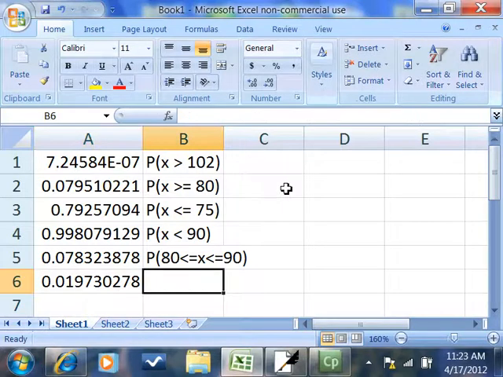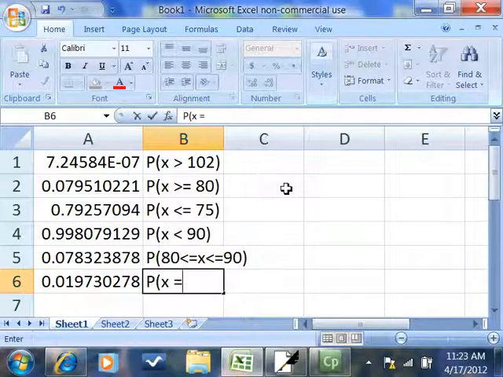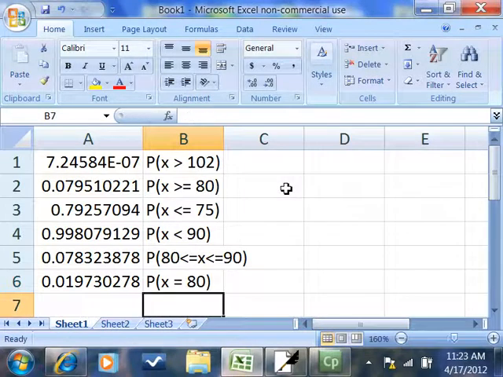And this is the probability of exactly 80. And those would be all our different cases you could run across when working normal approximation of binomial problems.